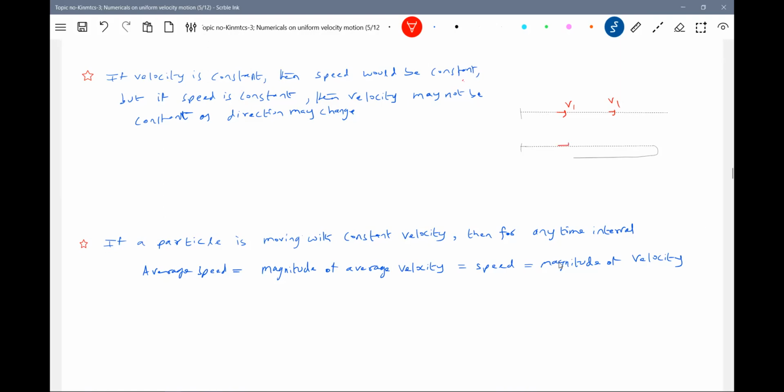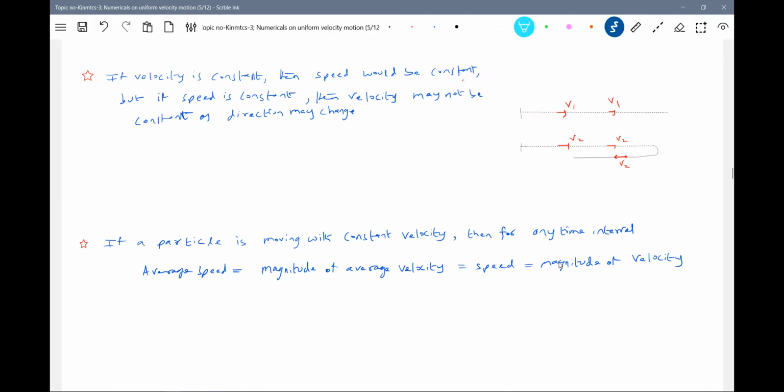If you see this, it is moving with a speed v2. If velocity is constant, speed must be constant. If speed is constant, velocity need not be constant because there can be a change in direction. I think that is justified. I just gave an example with the help of these things.